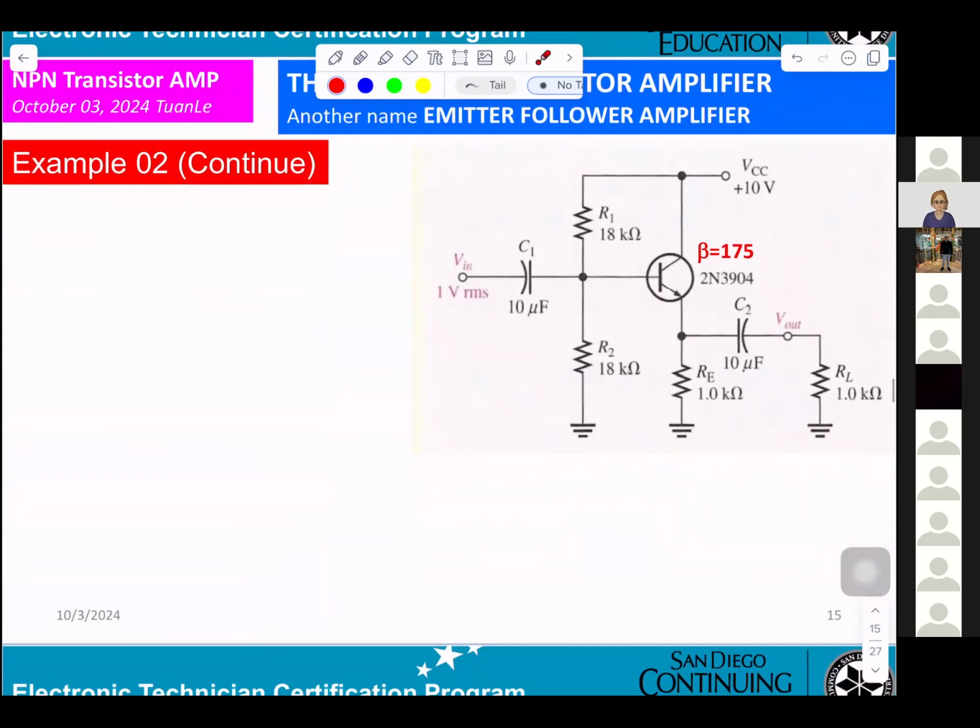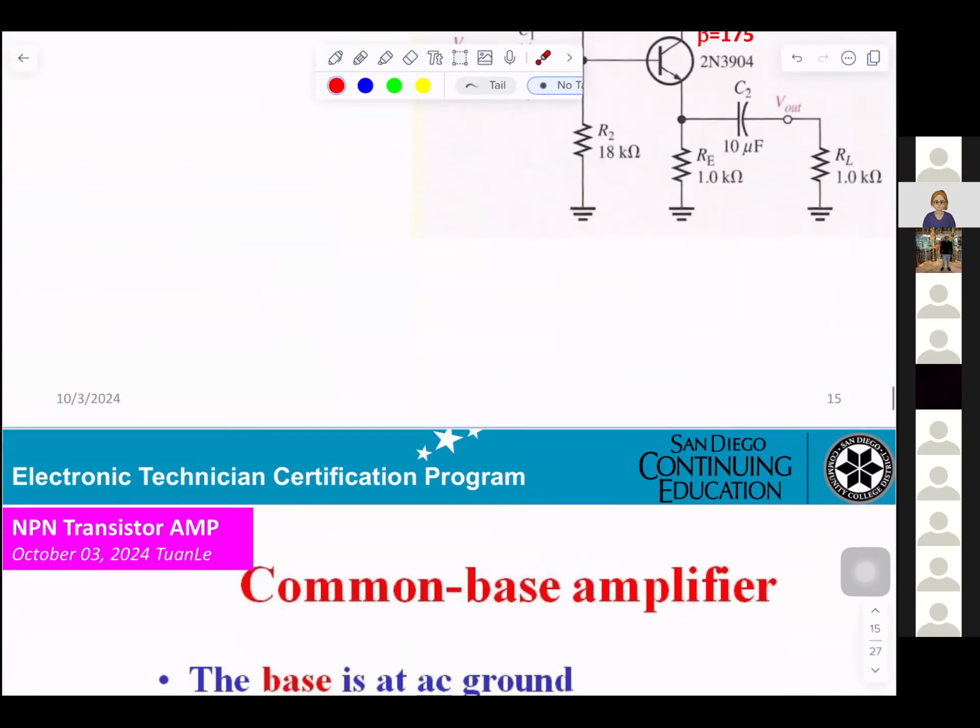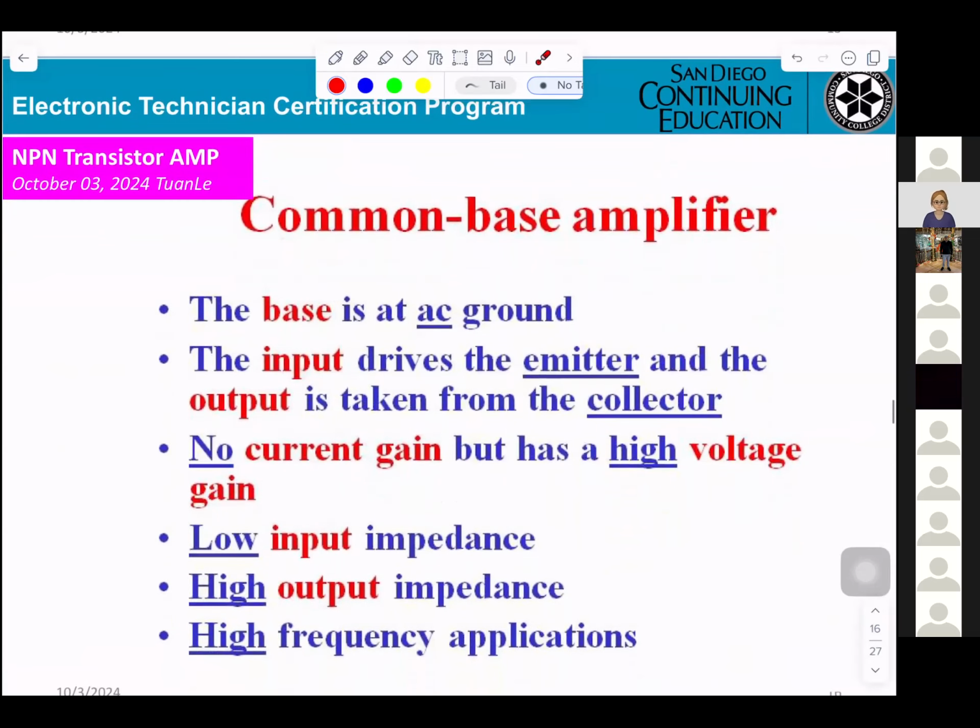This is just the example. Last one, common base. Base is AC route. Input drives the emitter and the output is from collector.